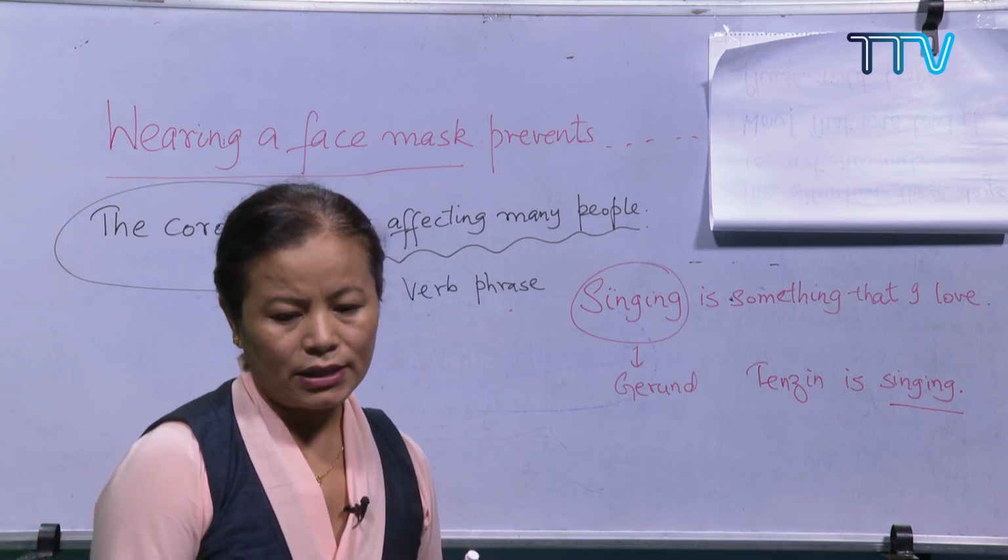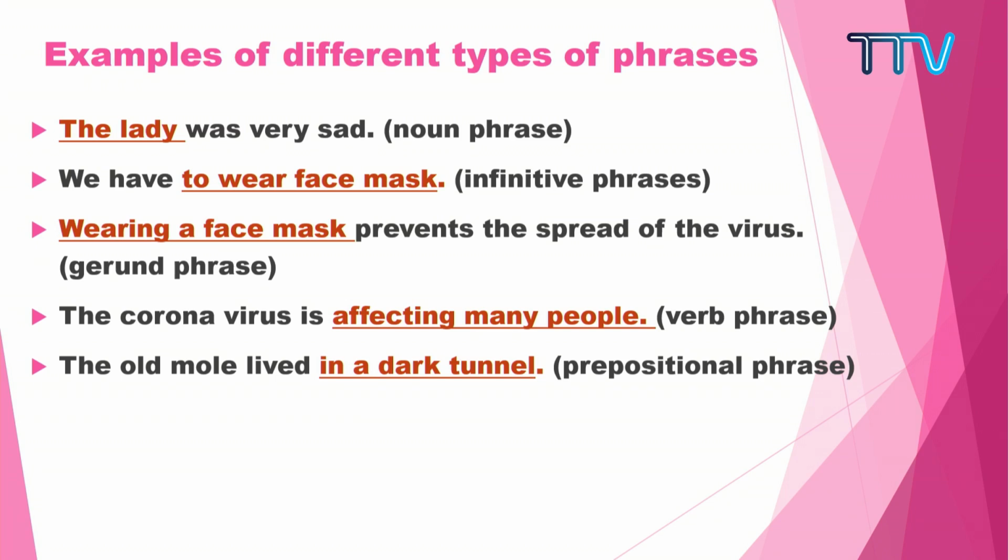Then let us take another example. The old mole lived in a dark tunnel. This is a sentence I took from yesterday's story in my first session. The old mole lived in a dark tunnel. Prepositional phrase. Why do you think this is a prepositional phrase? Okay, now it's time for you to think about it.